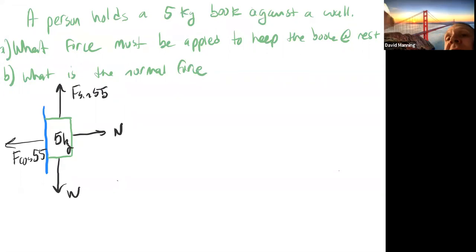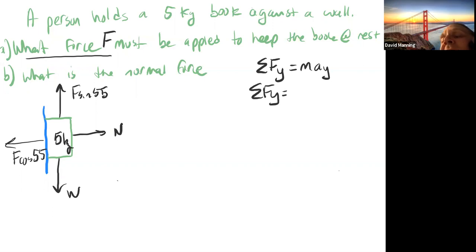Now, we have to find two things. We have to find what force must be applied to keep the book at rest. That force is F. So our Y component, it's at rest, so that means we're in equilibrium. So the sum of the forces in the Y has to equal 0. Weight, remember, is equal to mg. Weight is equal to 5 times 9.8, which is 49 newtons.